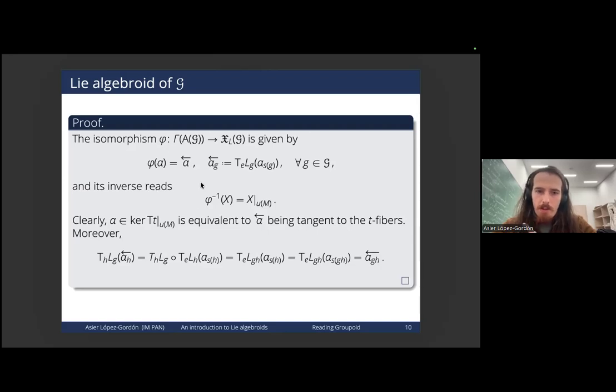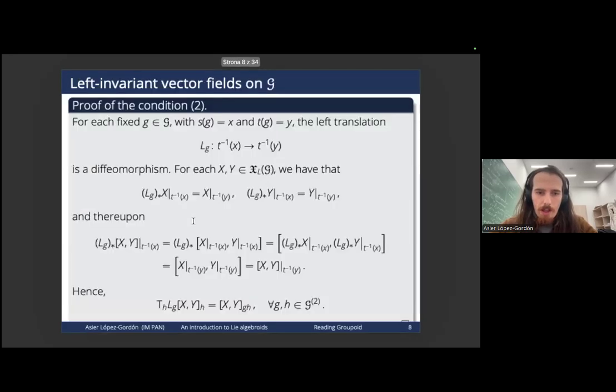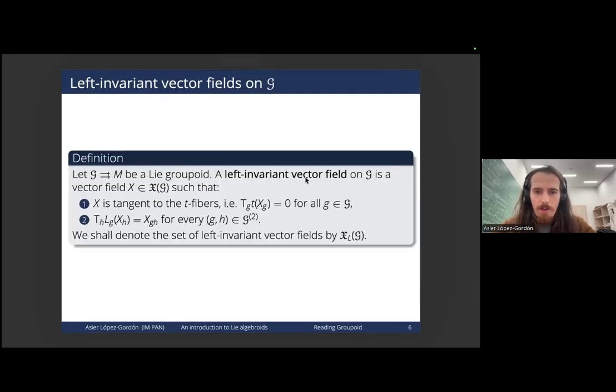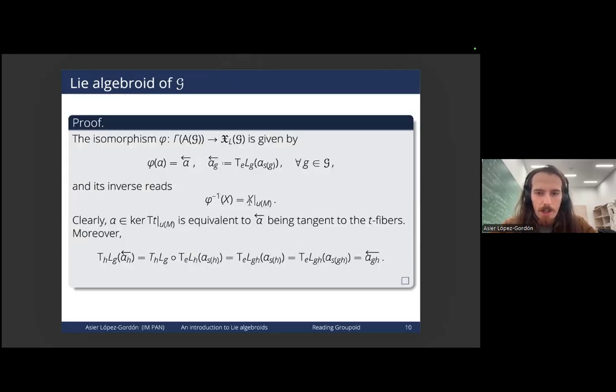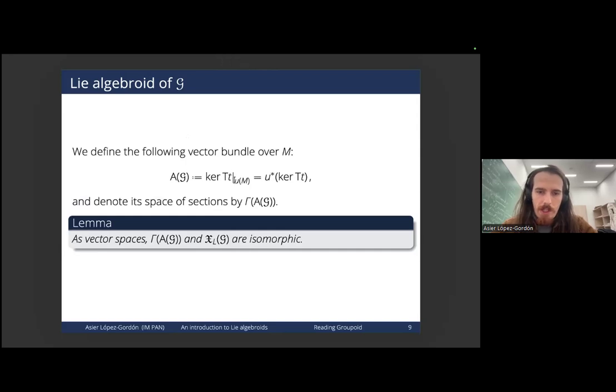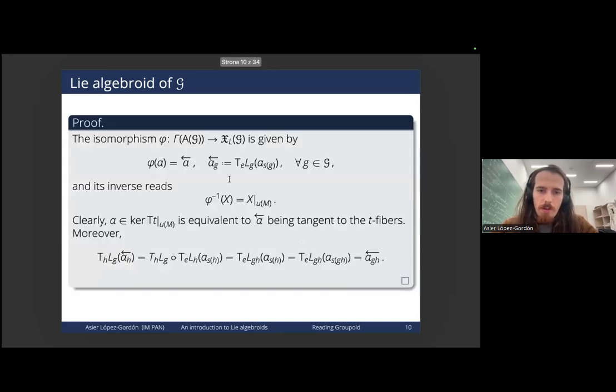And well, we just have to verify that these maps have the images that correspond to the condition. Recall that we had this condition of a left invariant vector field being tangent to the T fibers, and it is clear that this is equivalent to this being a section of this bundle.